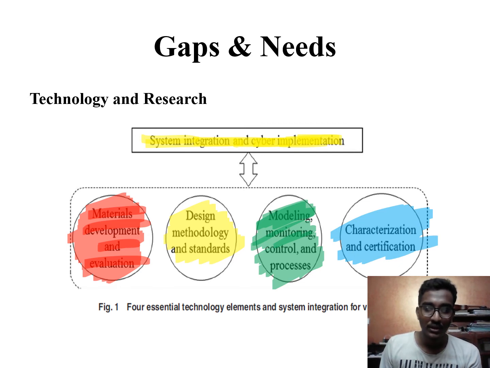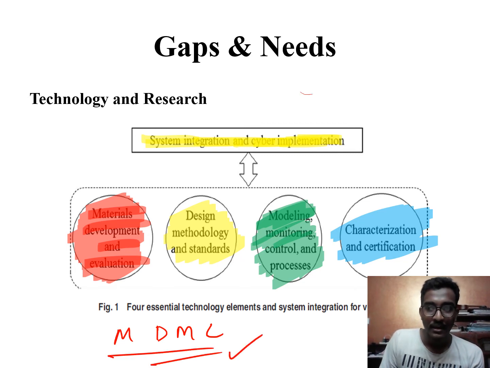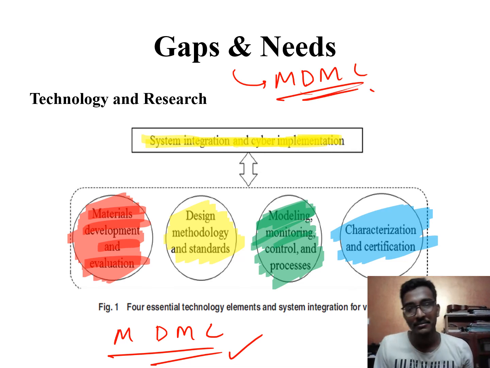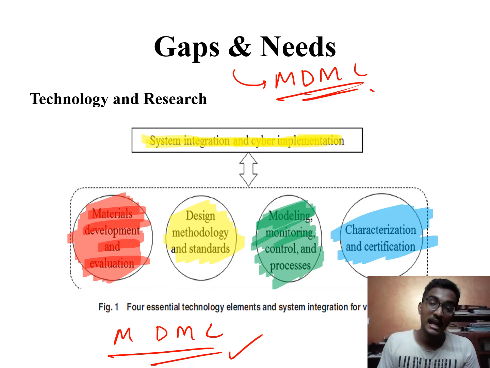We call these four things MDMC, which is to be given for filling the gaps: material development and evaluation, design methodology and standards, modeling, monitoring, control, and processing, and finally characterization and certification.